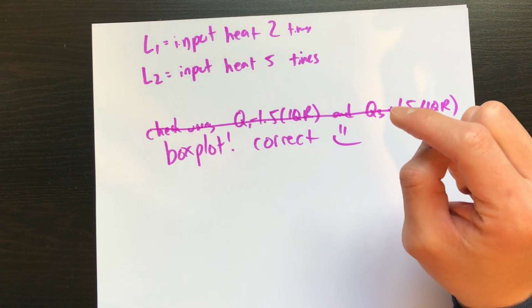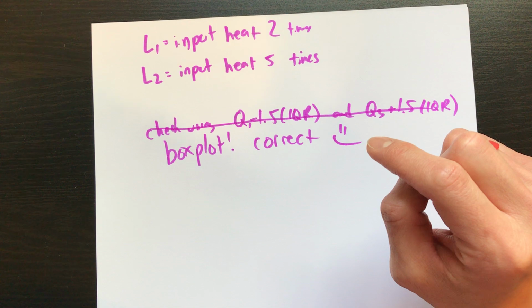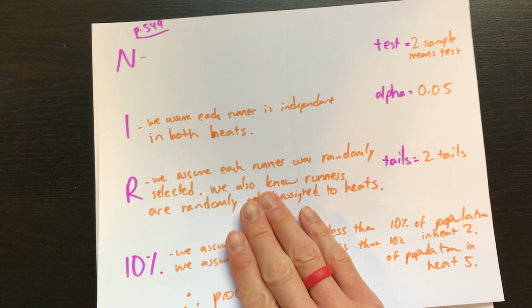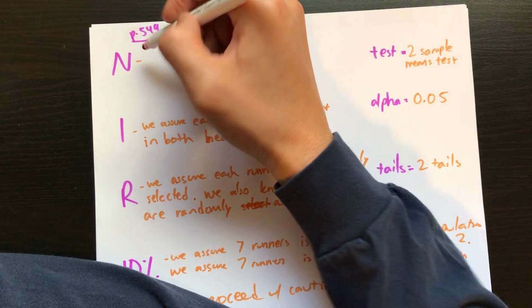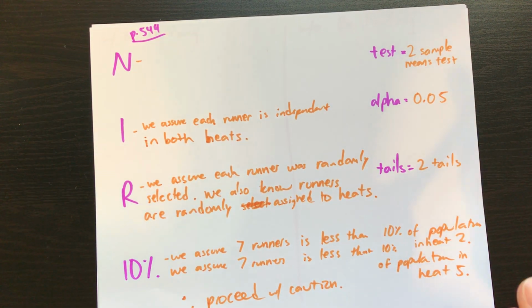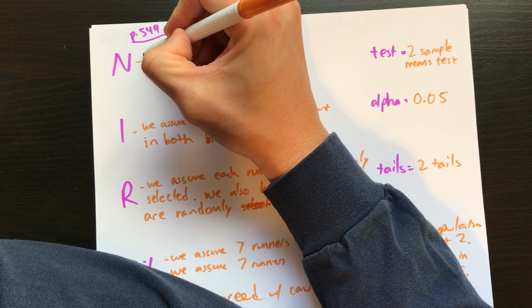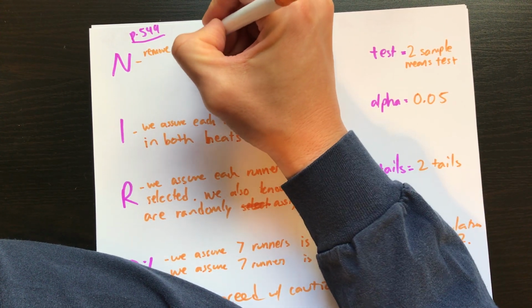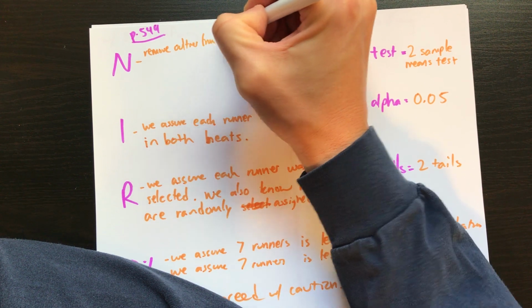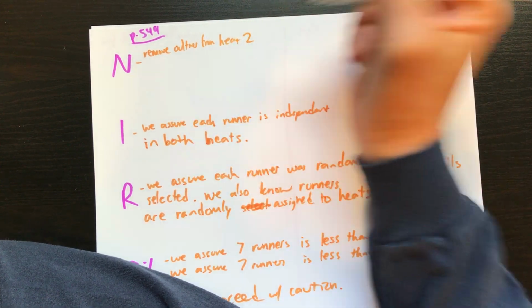Since she's an outlier, we're going to draw for this part right here. Let's just say you decided to remove the outlier from heat 2.